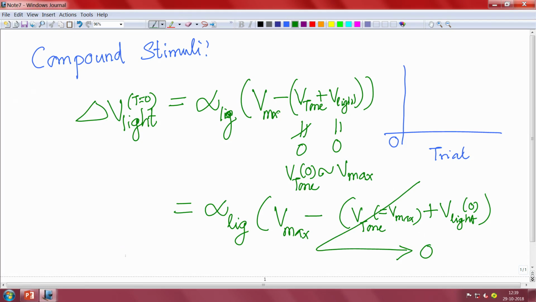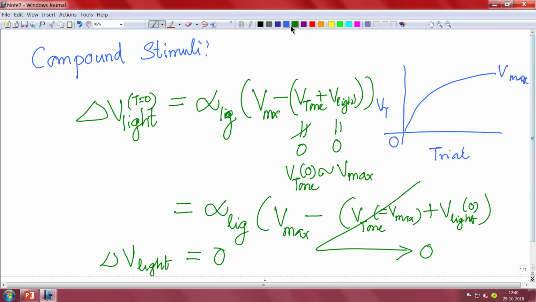As a result, if you ask V light, has the animal changed its response? No, it did not. And what you see is that even if you are measuring the tone response indicated by the blue, assuming that it has reached the V max, you have a beautiful response here.